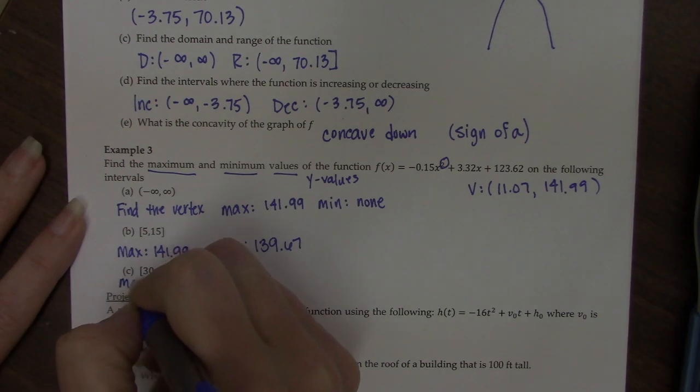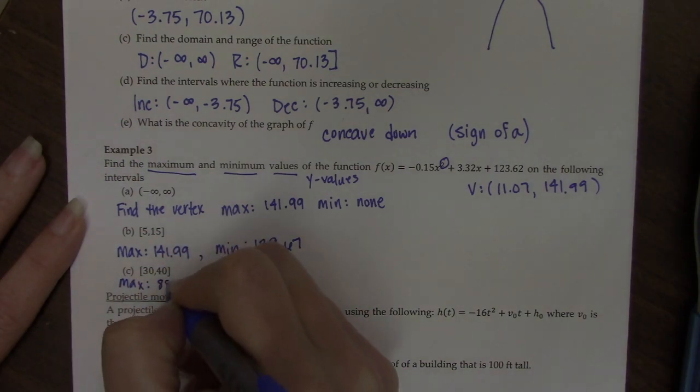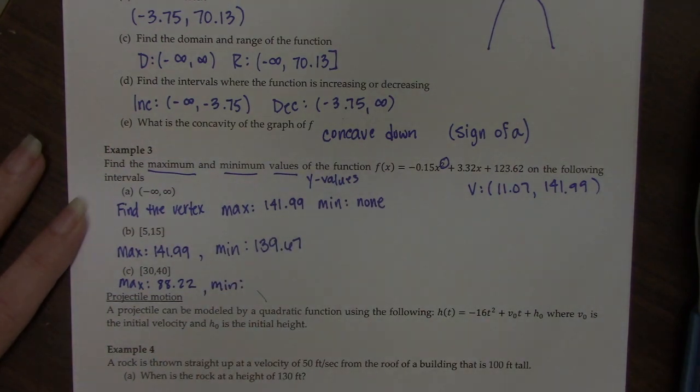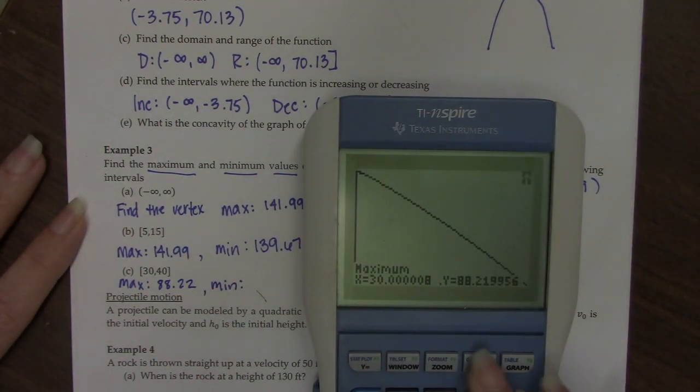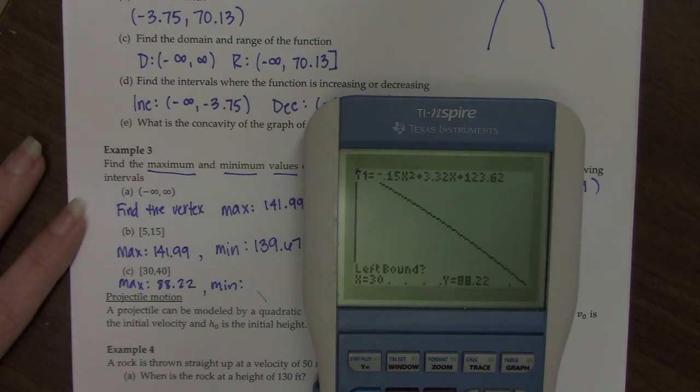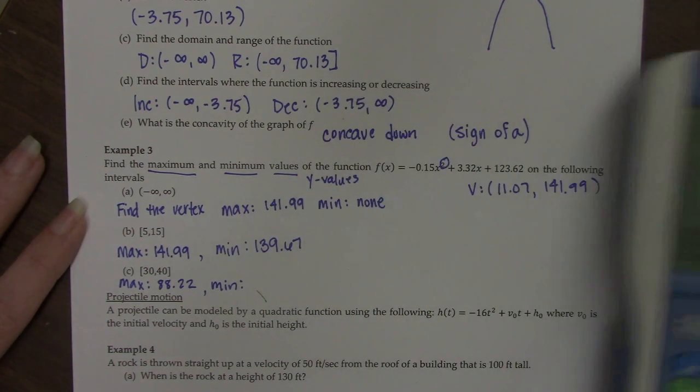So the max is 88.22. To get our minimum, we're checking from 30 to 40, and it's at 40, 16.42.